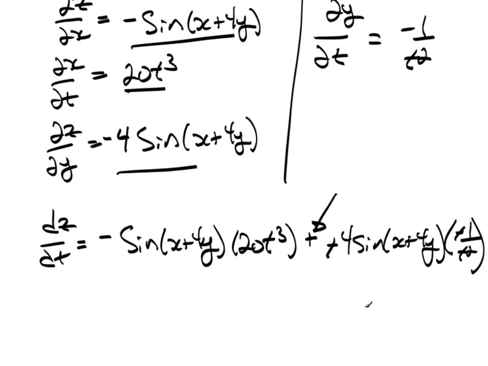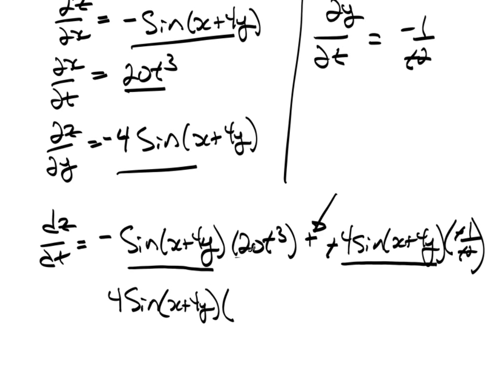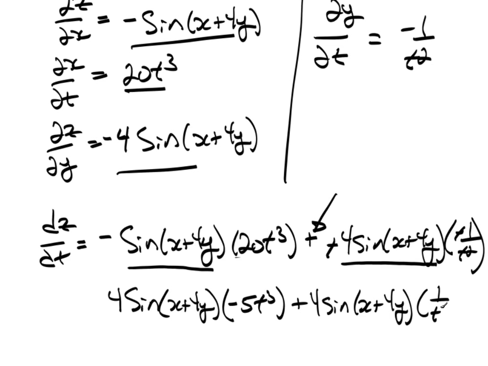And then I should do a little bit of simplification, because I have 4 sine of x plus 4y and a negative sine of x plus 4y. So if I factor out a negative 4 from here, that will give me 4 sine of x plus 4y times negative 5t cubed, plus 4 sine of x plus 4y times 1 over t squared.